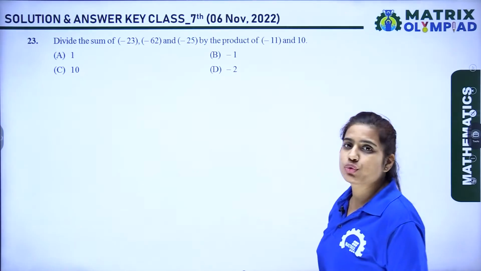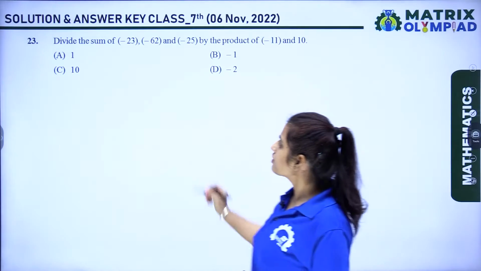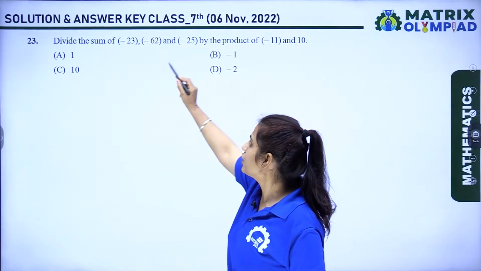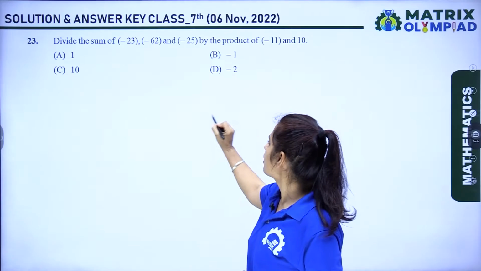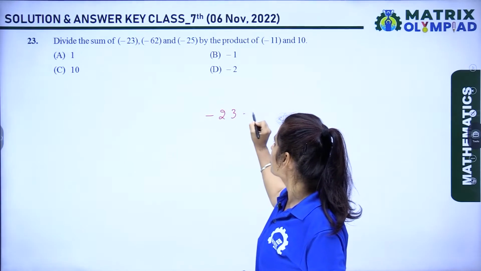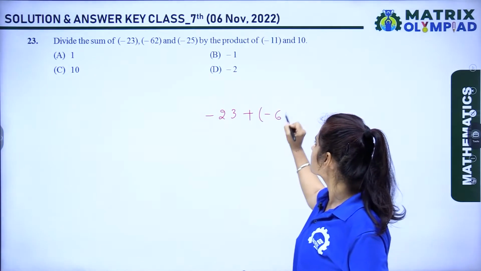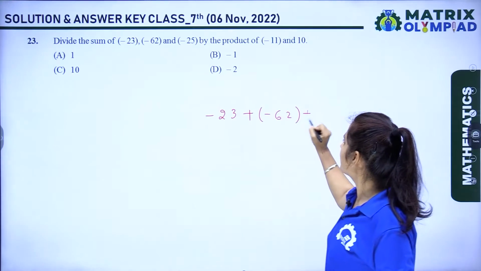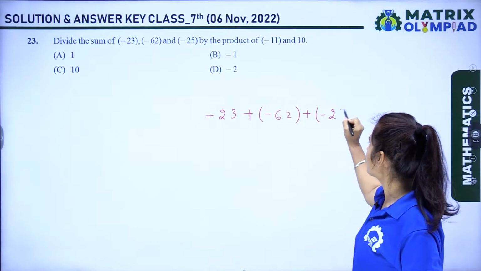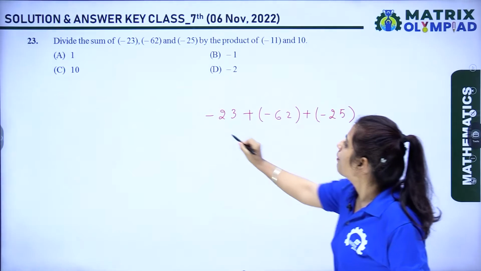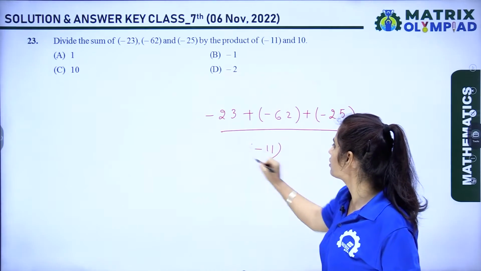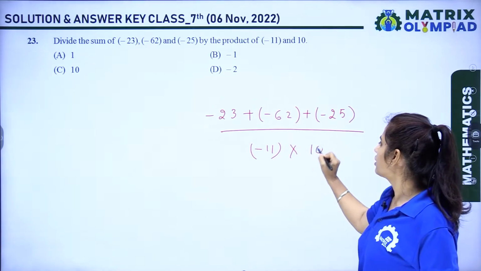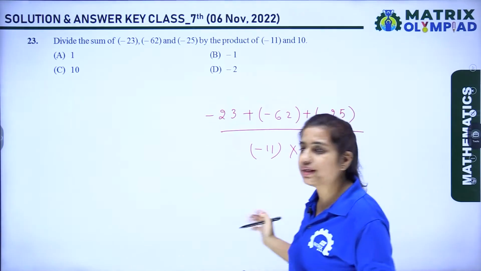Now question number 23. Divide the sum of minus 23, minus 62 and minus 25 by the product of minus 11 and 10. So we have to calculate this.